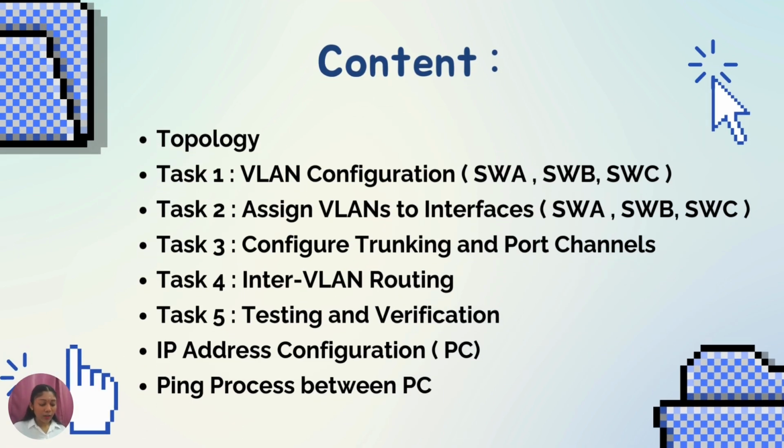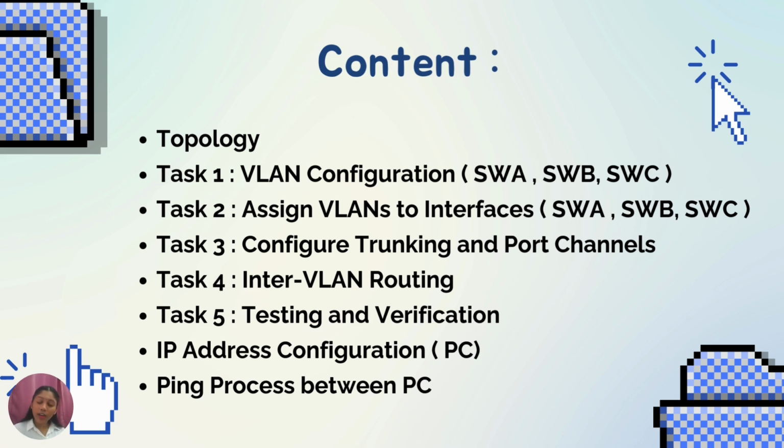Here I would like to list down the tasks we did in this PVT demonstration, which is topology. Task 1, VLAN configuration, the multi-layer switches represented as SWA, SWB and SWC. Task 2, assign VLAN to interfaces.